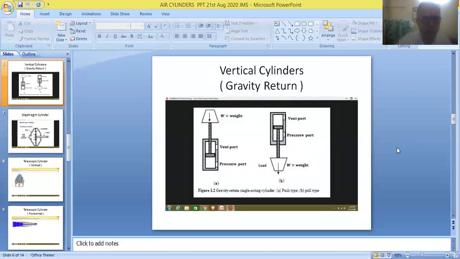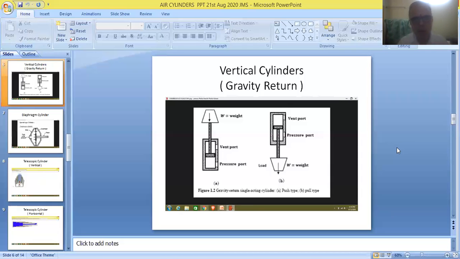Fluid will be entering the cylinder through this particular port, and it will be exerting pressure in the upward direction. So the piston will be moving in the upward direction. The piston is fitted to the piston rod, and the piston rod is carrying a load.